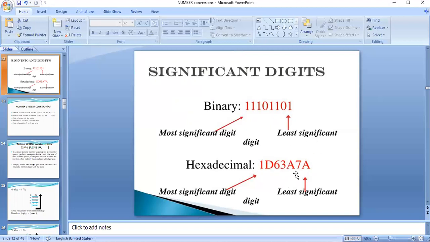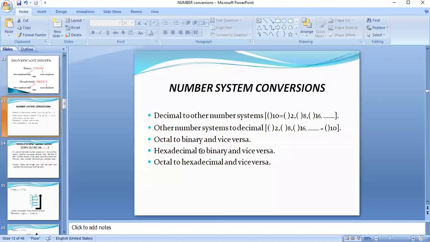In hexadecimal, 0 to 9 are numbers and A to F are alphabets, meaning a hexadecimal number contains both numbers and alphabets. In the least significant digit position we have A, an alphabet. In the most significant digit position we have 1, a number.